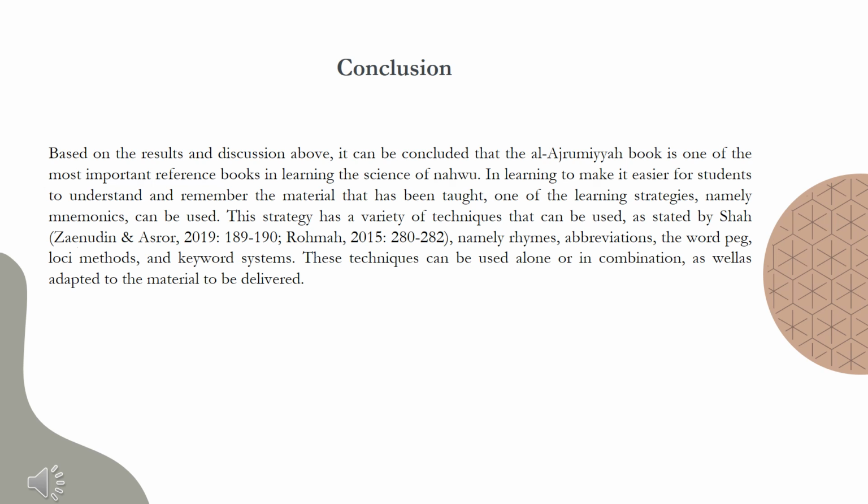This strategy has a variety of techniques as stated by Shah, namely rhymes, abbreviation, the word pack, loci method, and keyword systems. These techniques can be used alone or in combination, as well as adapted to the material to be delivered.